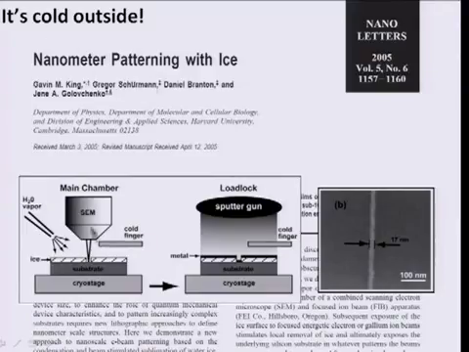In this paper, the authors used a standard SEM chamber and used the electron beam in the SEM chamber to pattern a thin layer of ice and then use that to do lithography to create very narrow features. So it's maybe nothing more than a cool prototyping process, but this is a cross-section of their sample inside the SEM, and their sample was sitting on a cryo stage, or a stage that keeps the temperature very low.